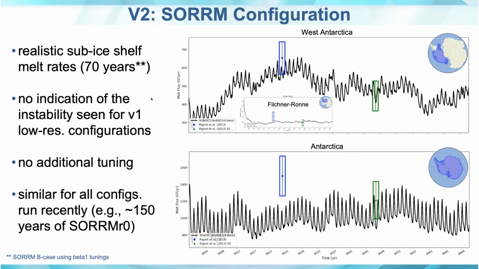So at least to this point, it looks like we're able to get fairly realistic, fairly stable melt rates under the Antarctic ice shelves without any additional tuning, simply as a result of the improved resolution around Antarctica.